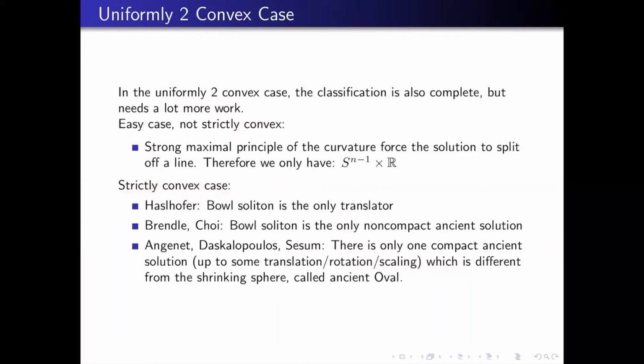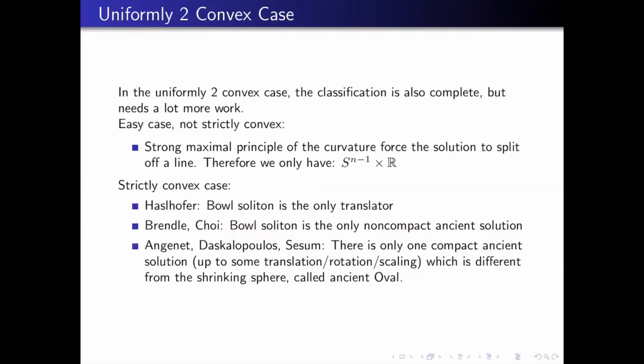The first work was by Haslhofer, in which he shows that the translating soliton is unique and has to be the bowl soliton. And then comes the remarkable work by Brendle and Choi, which says that the non-compact ancient solution also has to be unique and has to be the bowl soliton.